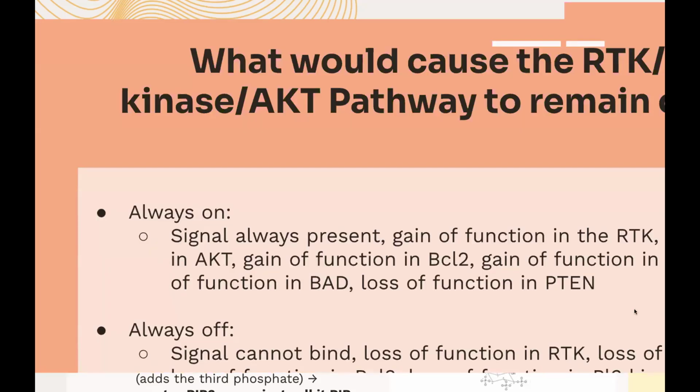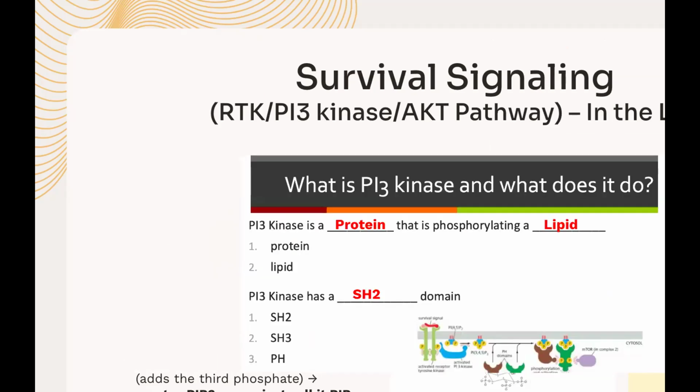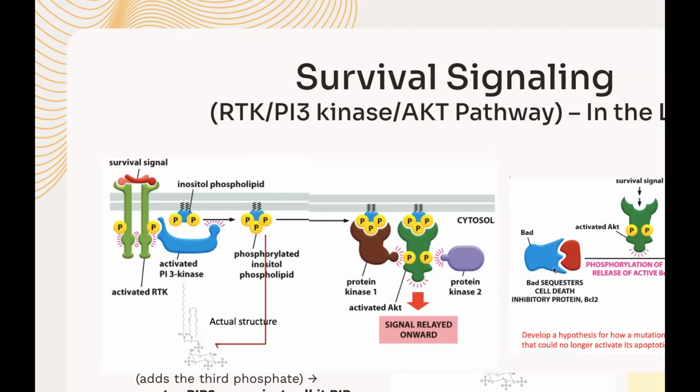Basically, gain of functions early on make the signal stay on. Loss of functions make it stay off. Except when you go further down, because say you have a gain of function in BAD, that would mean it's always holding on to BCL2, which would never be released, which would never stop cell death. So these are the ones that are kind of tricky, gain of function, loss of function.